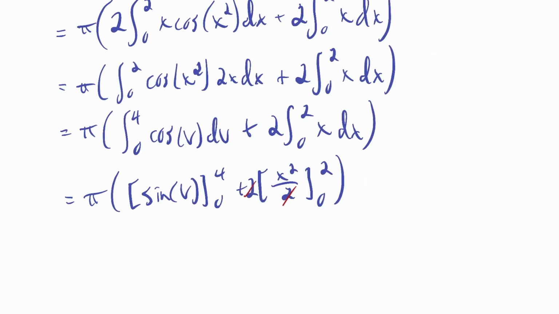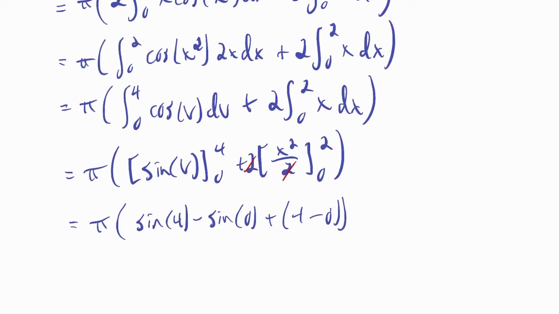Okay, so I will get pi times sine of 4 minus sine of 0, plus 4 minus 0. So I get pi times sine of 4, which obviously is not a nice clean number, plus 4.